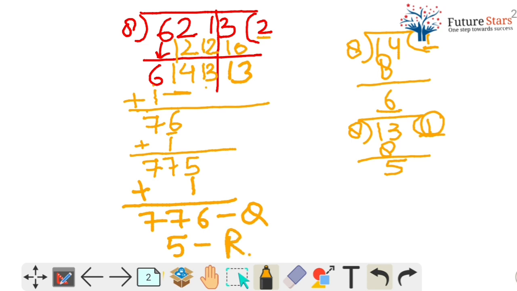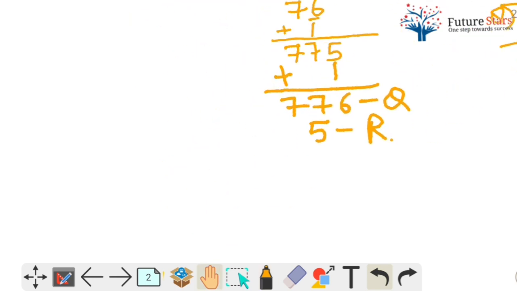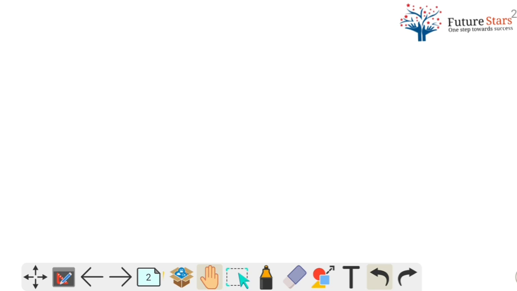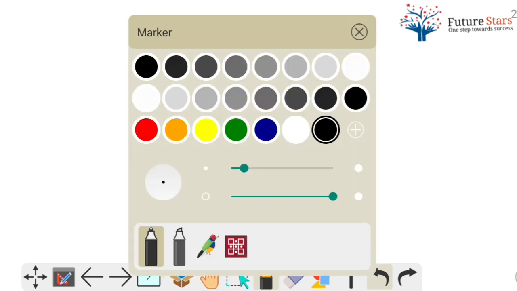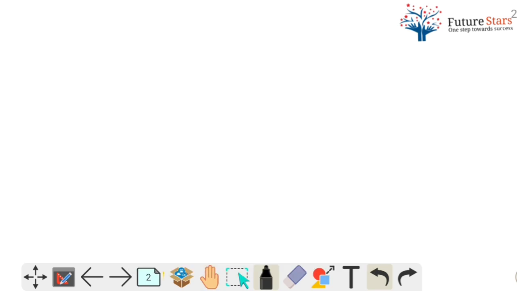I hope you understood. The same we have to do with 7 and 6. So let's see one more question, then you will be able to do all the questions divided by a single digit.